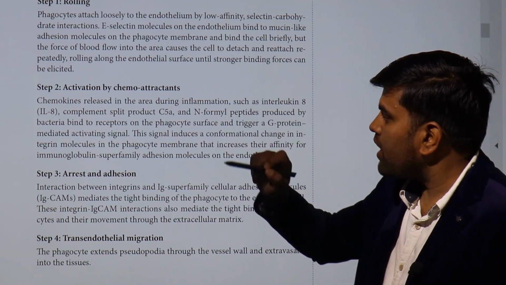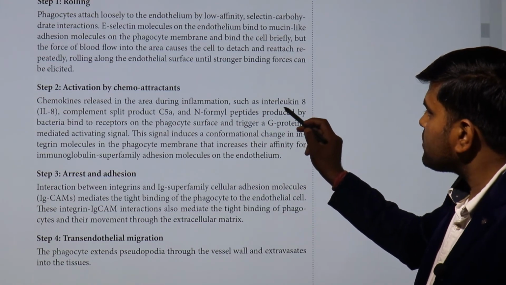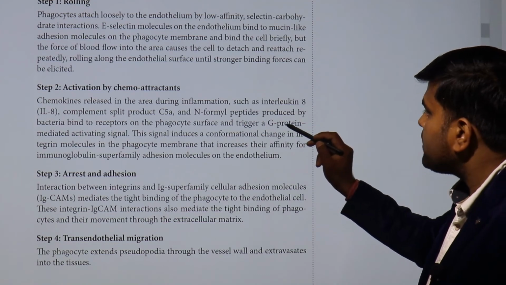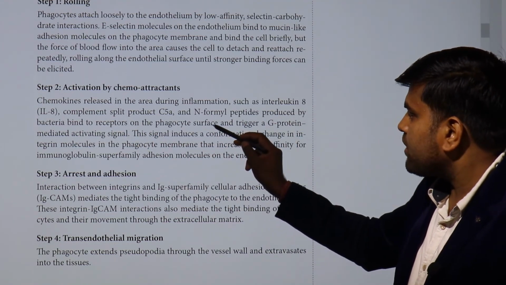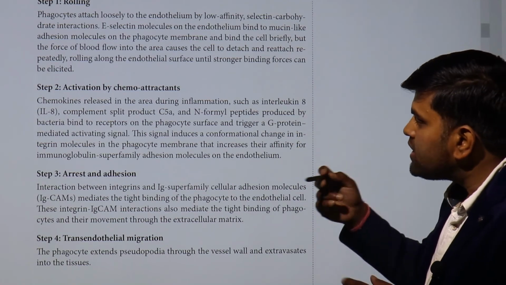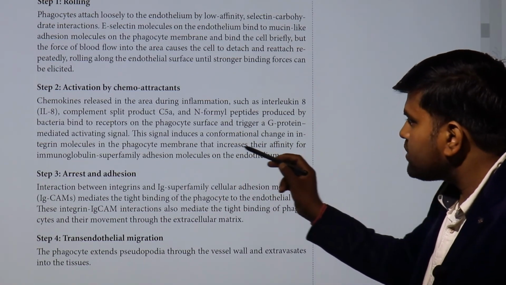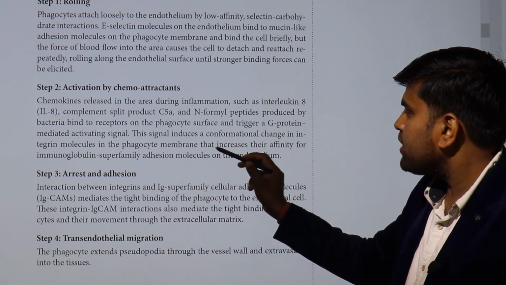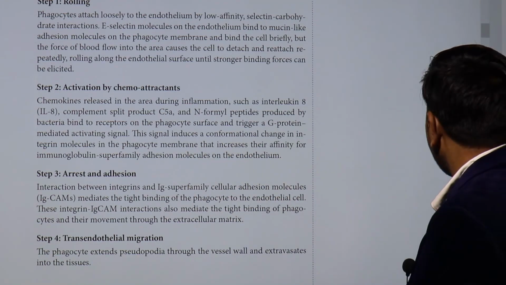Initially they need to be activated by chemokines released in the area during inflammation, such as interleukin 8, complement split product C5a, and N-formyl peptides from bacterial surfaces, which bind to receptors on the phagocytic surface and trigger a G protein-mediated activating signal. This signal causes a conformational change in the integrin molecules in the phagocytic membrane that increases their affinity for the immunoglobulin superfamily adhesion molecules of the endothelium.